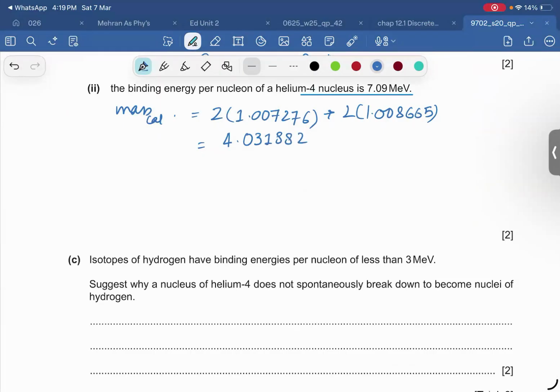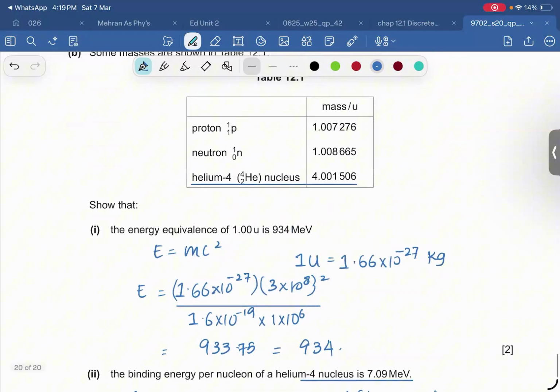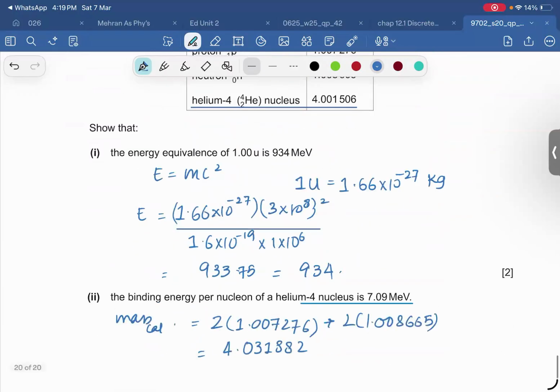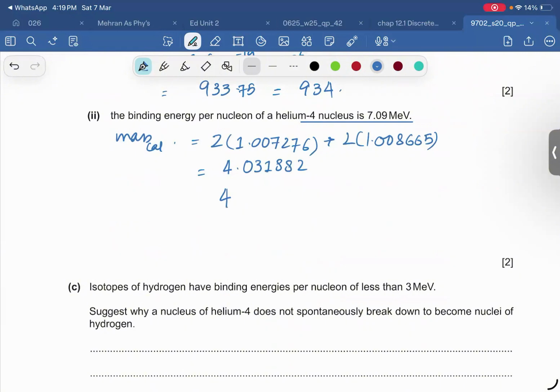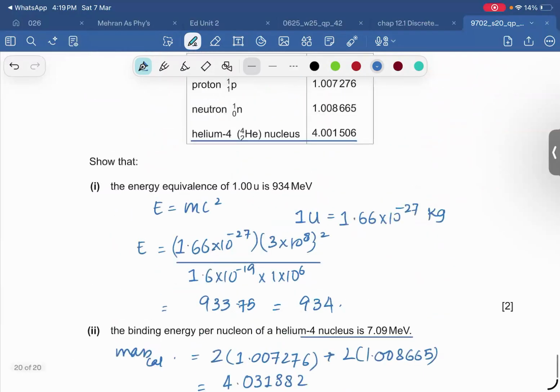Okay, this is the calculated mass, and you have the actual, existing mass, which is given as 4.001506.